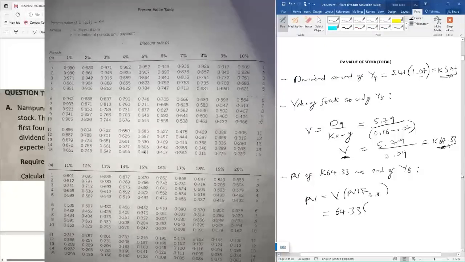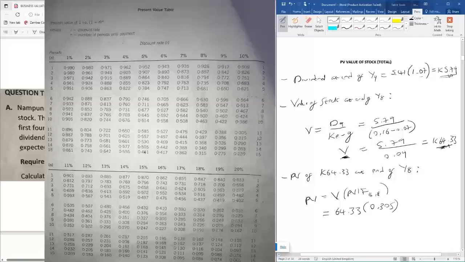Will be 16%. So 16% down to year 8, that will give us a discounting factor of 0.305. That's what we have there.